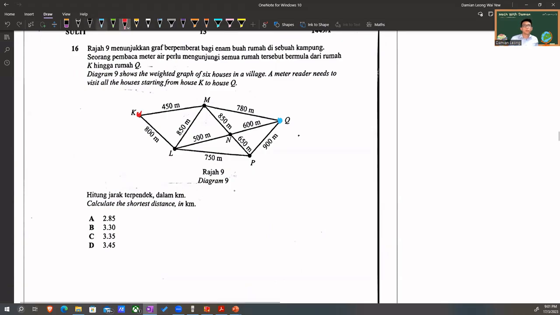So definitely to M first would be best. Then this way would be better than this. So from L, I go to N, N to P, then P to Q.